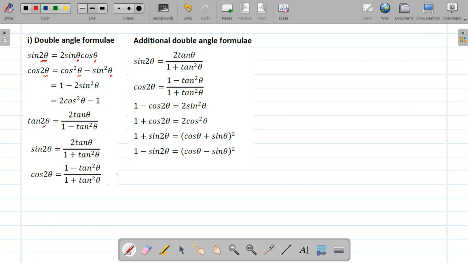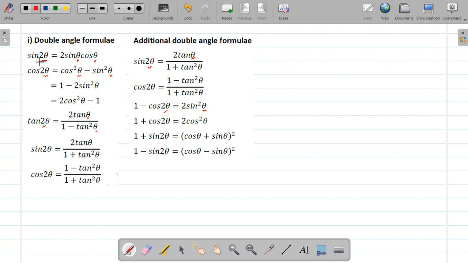If you observe every formula, then you will get this observation. Okay, see here, here also 1 minus cos 2 theta, the right hand side is theta. So what will you say about this? We can say that it is the conversion of double angle to single angle.